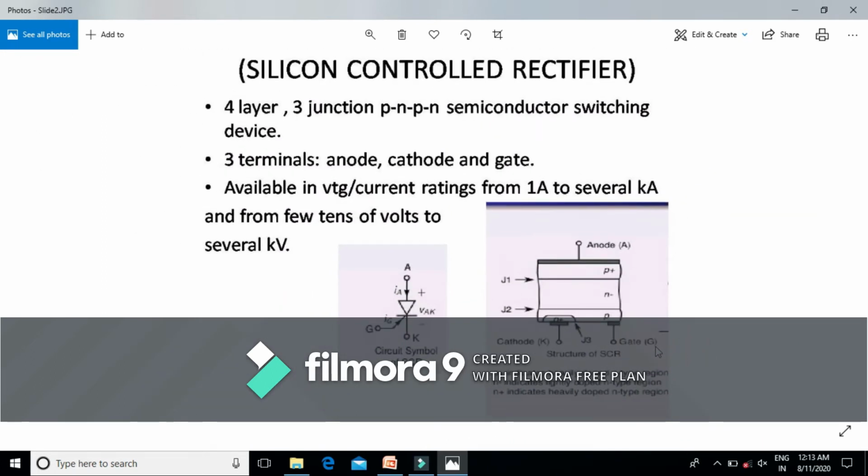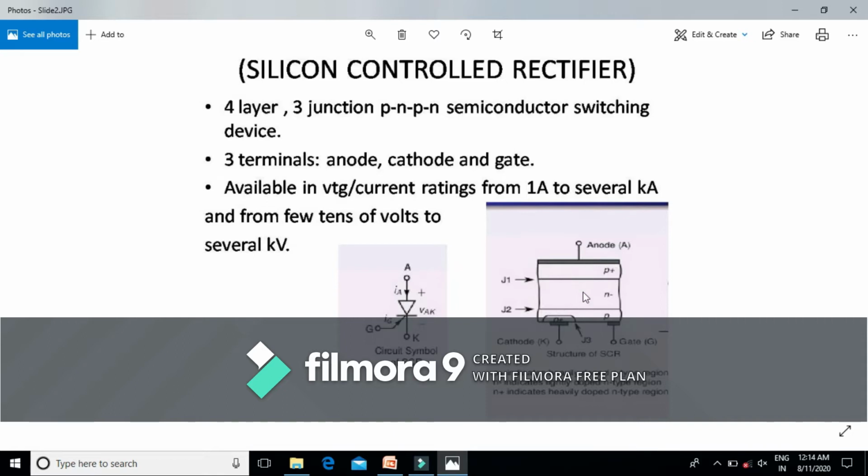We have alternate layers of P and N materials, which results in the formation of three junctions: junction J1, J2, and J3, where a junction is made when two materials are brought in physical contact with each other.